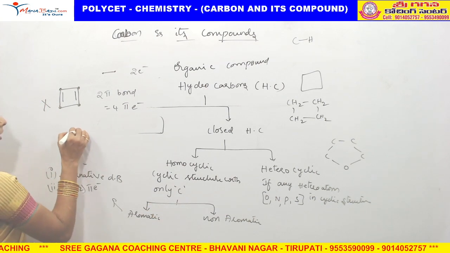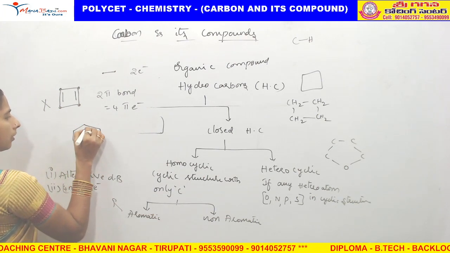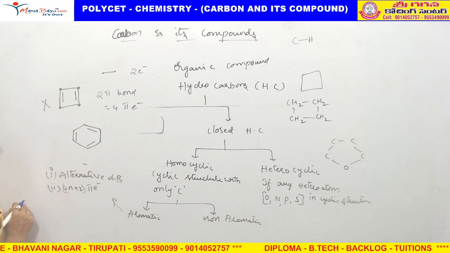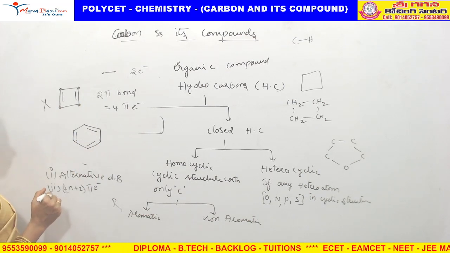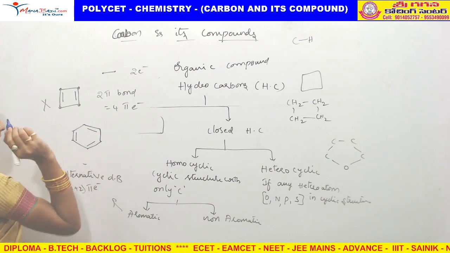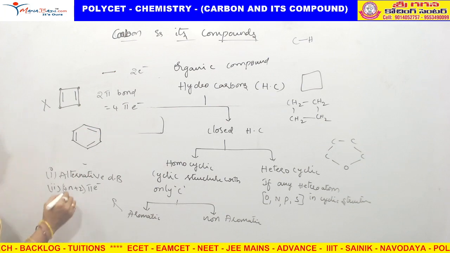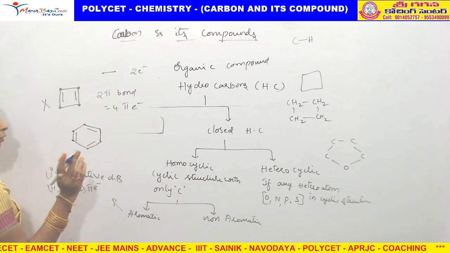For example, I am taking this one. This has alternate double bonds. How many carbons are there? Count it. 1, 2, 3, 4, 5, 6. Right, 6 carbons are there, and at alternate positions the double bonds are there. So the first rule is satisfied.